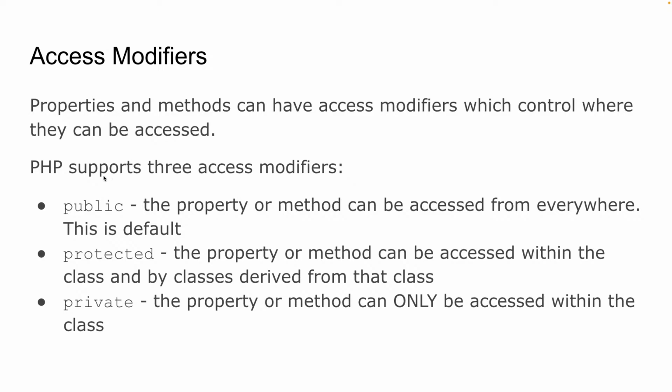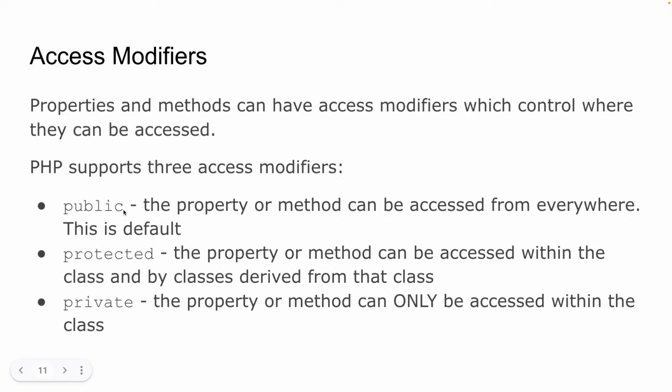So PHP supports 3 types or 3 categories of access modifiers. The first one is the public, which is also the default. So what the public access modifier means is that the property or the method will be accessible in the given class, the class inheriting the class, and outside the class.